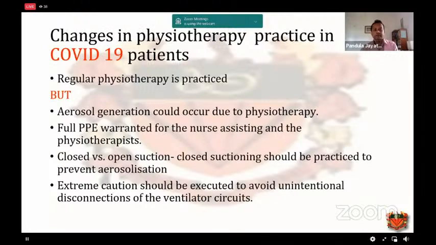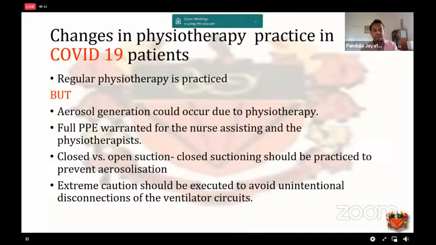So all the patients will be approached with PPE, and in intubated patients we always recommend closed suction, where we have a separate suction unit attached to the endotracheal tube, so you don't need to disconnect for suctioning. It is called a closed suction unit, which will prevent aerosolization of the environment.